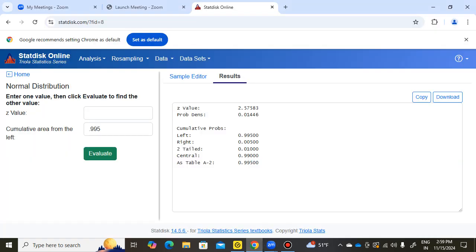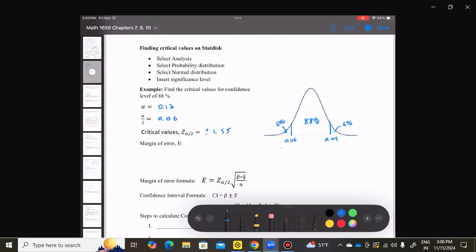And we'll see that it's going to be positive and negative, the same value. Hold on a second. Negative 1.55, and then 0.94, yeah, 1.55. So it's a positive and negative z-score of 1.55. So negative 1.55, positive 1.55.